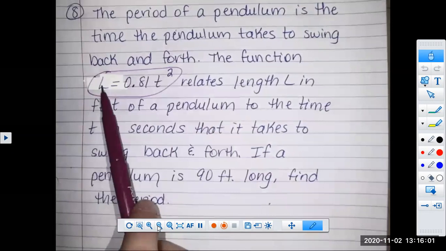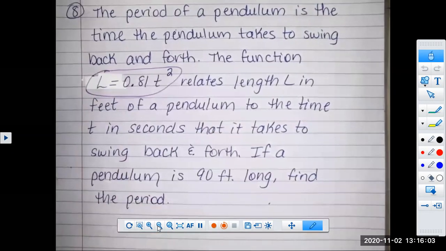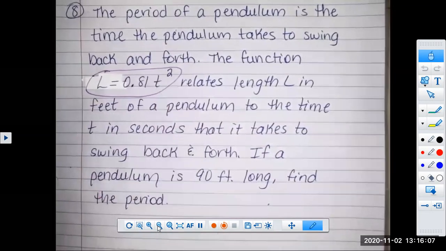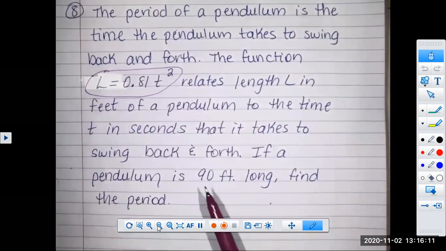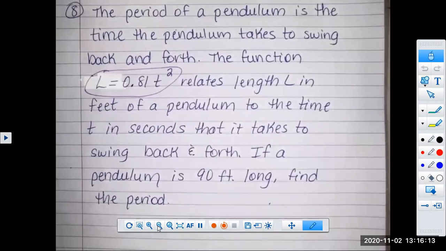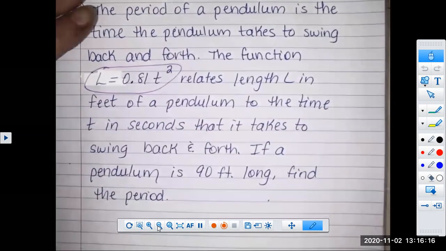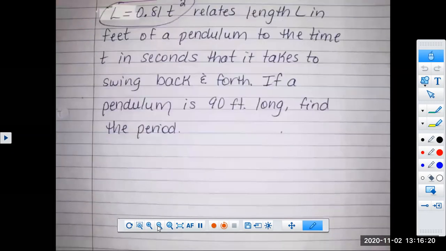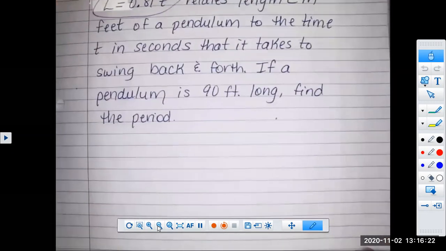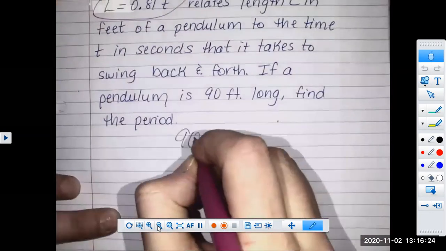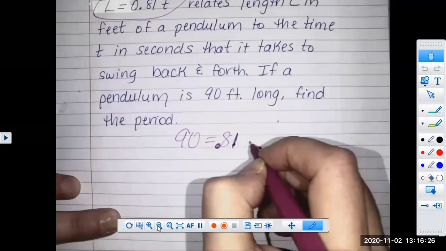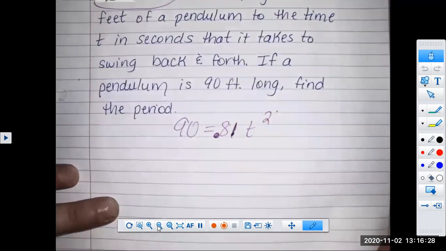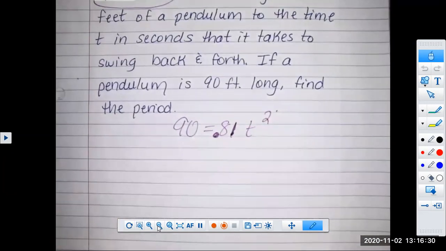So L represents the length in feet of the pendulum. T represents the time of the period. So where are you plugging in 90 at? Good. You're going to plug in 90 for L. And we are solving, that should be 0.81, we are solving for T. So you have 90 equals 0.81 T squared.